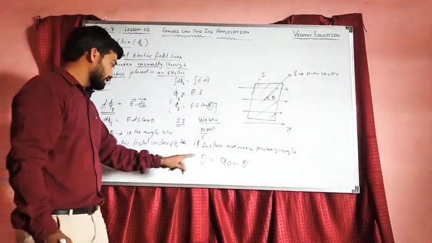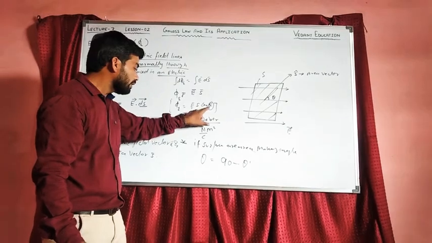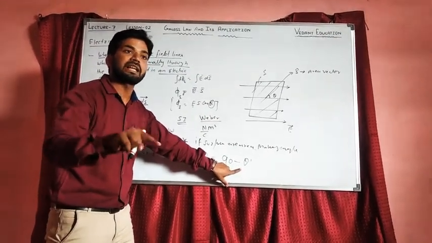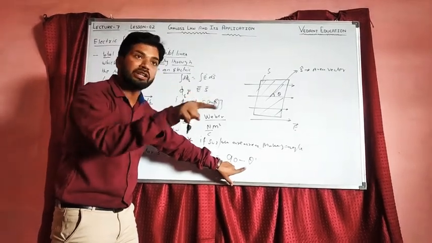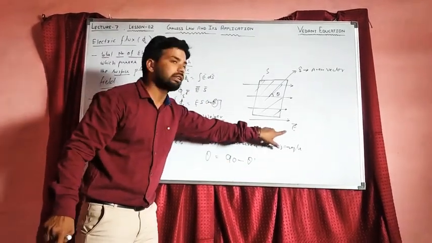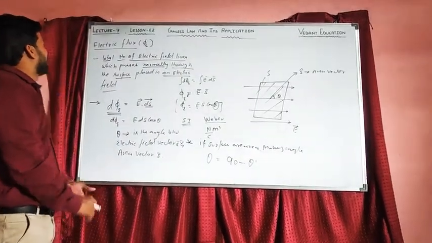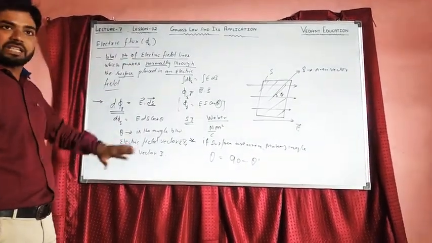Okay, what is theta dash? It is the angle which the surface area makes with the electric field vector. Okay, got it? So simply, guys, I have explained the electric flux phi E.